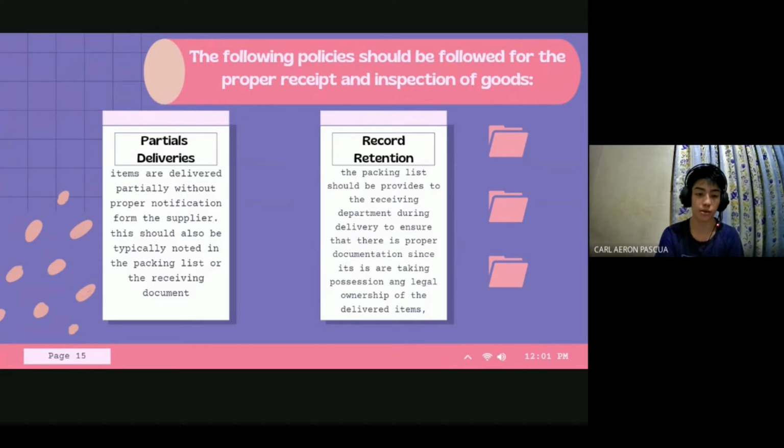This should also typically be noted in the packing list and in receiving documents. And also we have record retention. The packing list should be provided to the receiving department during delivery to ensure that there is proper documentation, since it is taking possession and legal ownership of the delivered items.